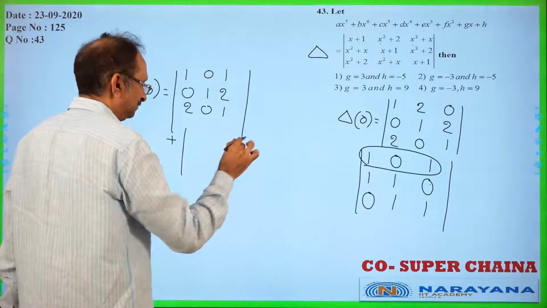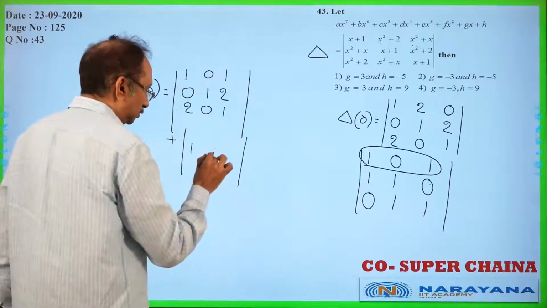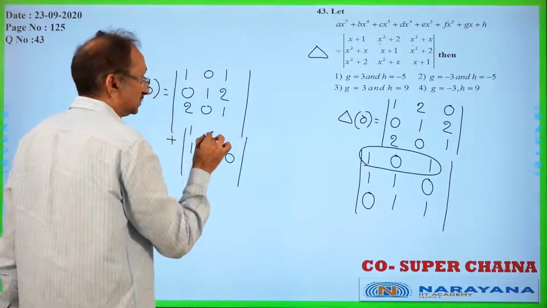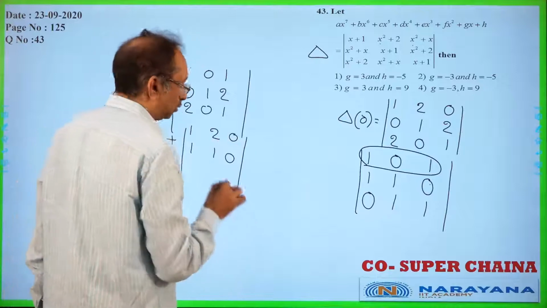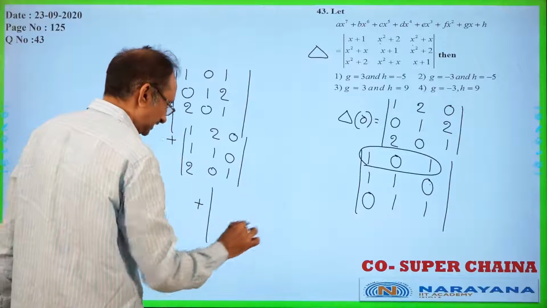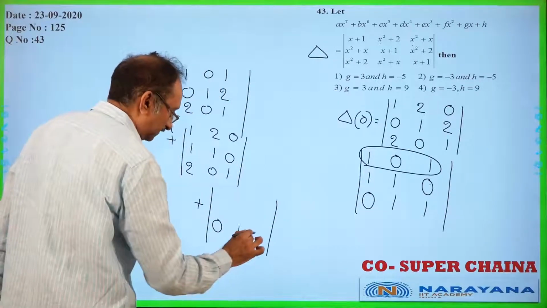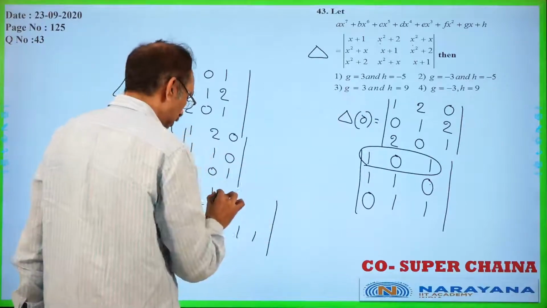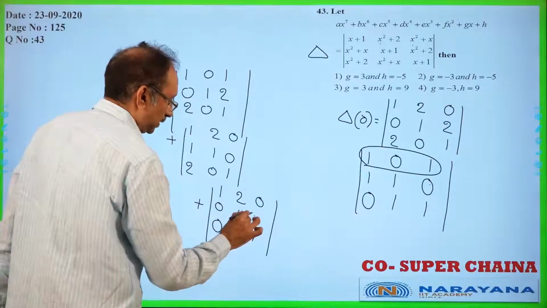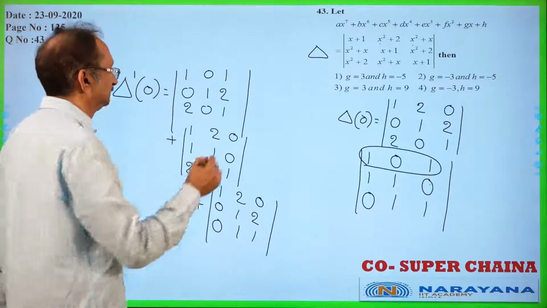Plus the second one: write the second row with the derivatives 1 1 0 and the remaining 2 rows as they are, first row 1 2 0 and third row 2 0 1. Plus the third row with the derivatives 0 1 1 and the remaining 2 rows as they are, 1 2 0 and 0 1 2. Okay. Now find these values and simplify.